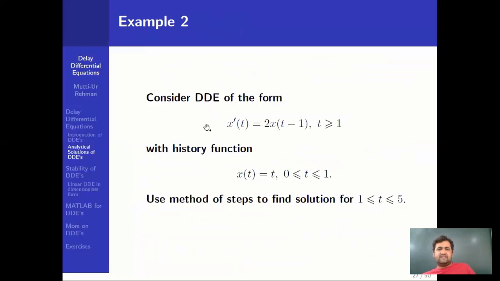As a next example, we take this spatial delay differential equation, and I have here a positive time, and my history function is this guy. So it's, let's say, linear. Now you have to use the method of steps in order to find the solution for this particular interval.